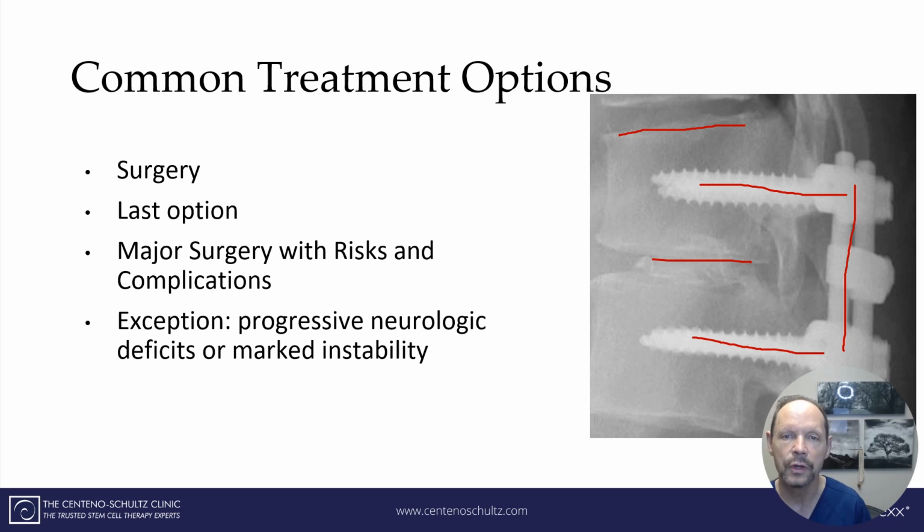This is a fusion, and it is a significant surgery associated with significant risks and complications. The complications can be life-changing and permanent. The only exception to the rule in terms of surgical intervention is for those patients that have abrupt and progressive neurologic deficits or gross instability as a result of trauma.